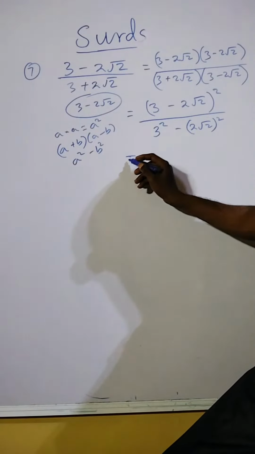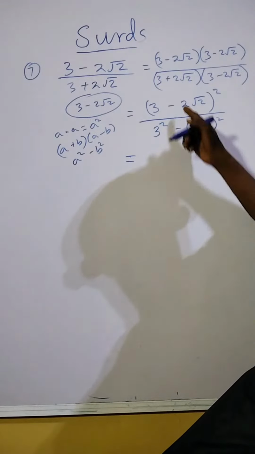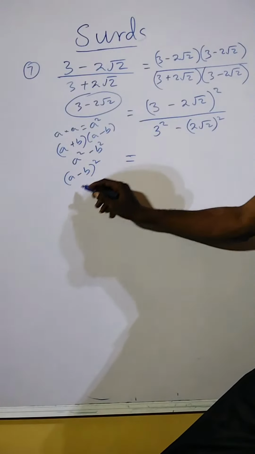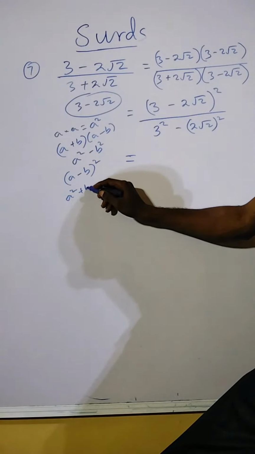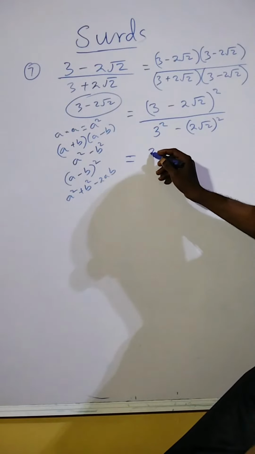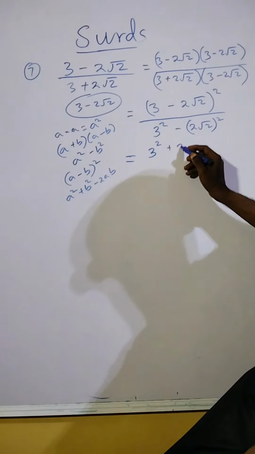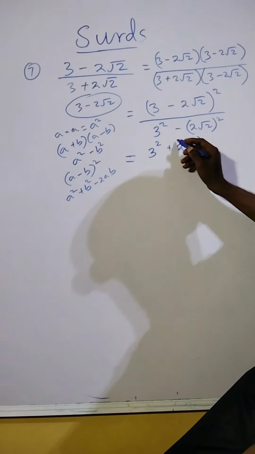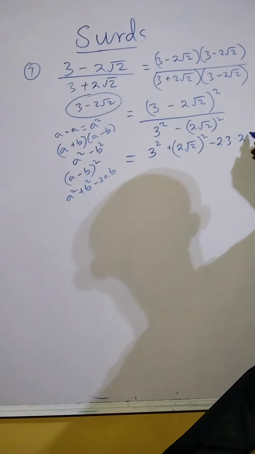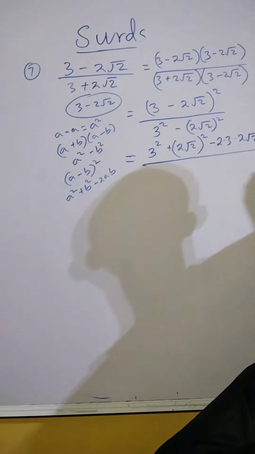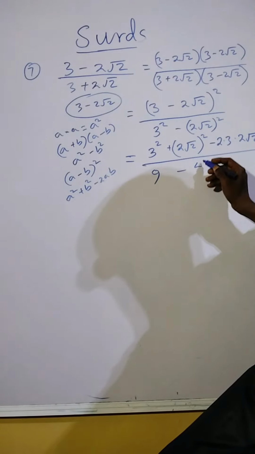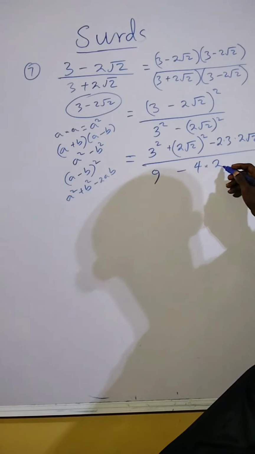That is here the expansion of this, which follows when we have (a minus b) all squared. So this is a squared plus b squared minus 2ab. Here we can write it as 3 squared plus (2 root 2) all squared, then minus 2 times 3 times 2 root 2, divided by, here 3 squared is 9, then minus this squared affects 2, 2 squared that's 4, times also root 2 squared that's 2.